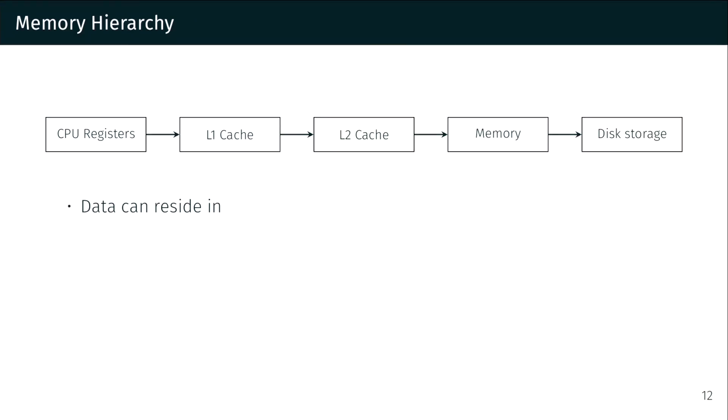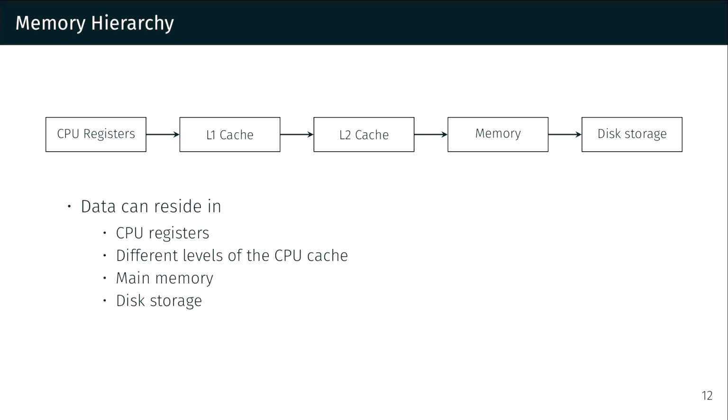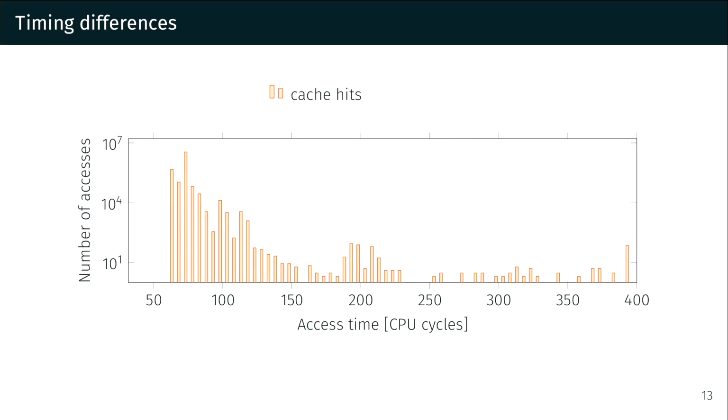So you probably all know that data can either be in CPU registers, in the different levels of the cache that Clementine showed to you earlier, in the main memory, or on the disk. And depending on where the data is located, it needs a longer time to be loaded back to the CPU. And this is what we can see in this plot.